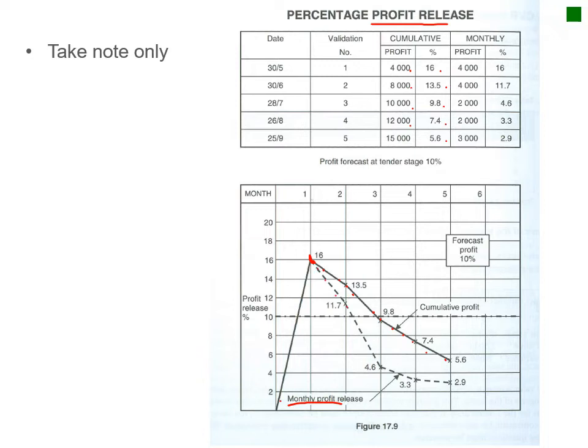So you can calculate that your profits were good in the beginning, and then it tapered down, but obviously you probably had more costs and that type of thing.